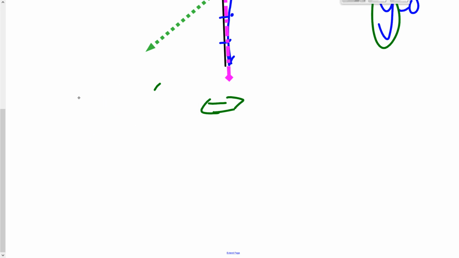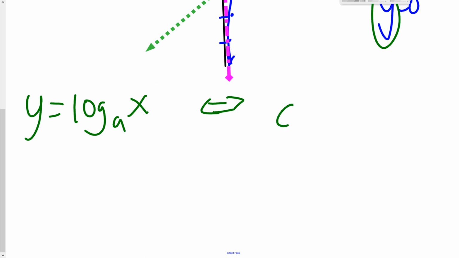Let's switch the log. So the log looks like this, equals y. So if I switch that to an exponential, then my base stays the base, and then my x and y switch places. So here's my y now with my a, and this is x. So that's what it looks like, right? So now I can just plug in numbers for y and solve for x. Okay, so that's one way to solve these.